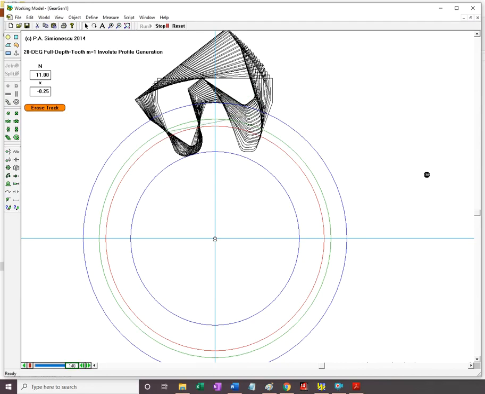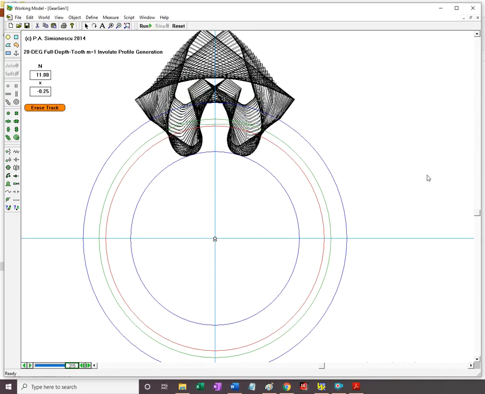So what happens? The tooth becomes even more undercut, and it's of course even less acceptable to operate or utilize the gear with this type of tooth.